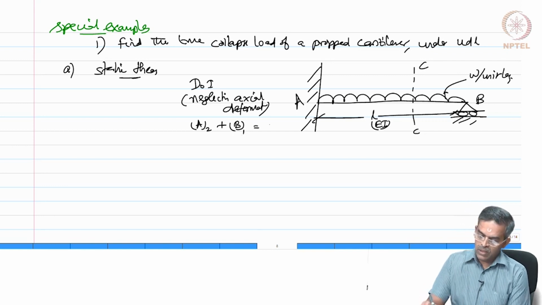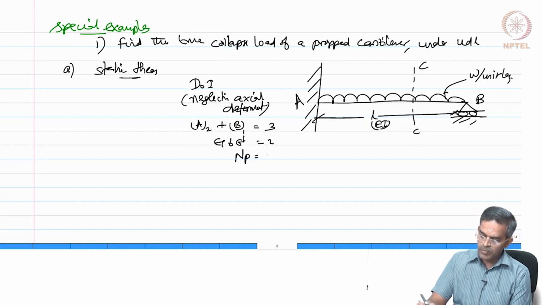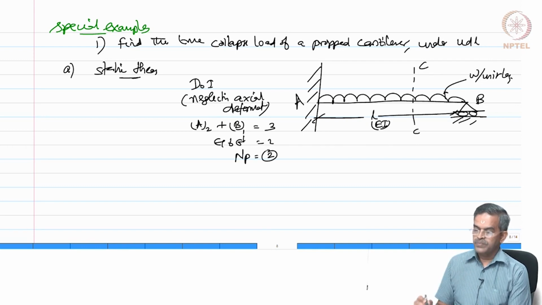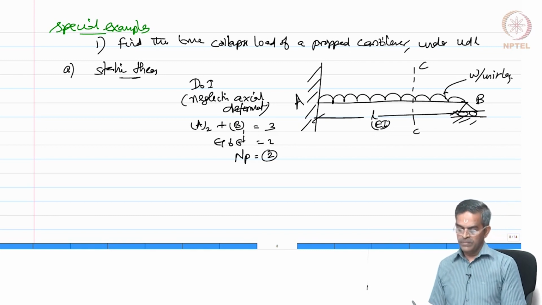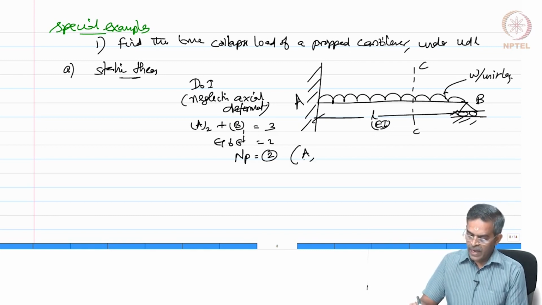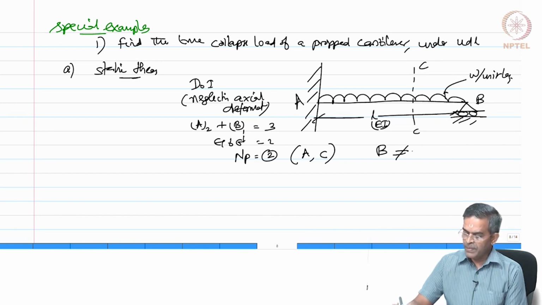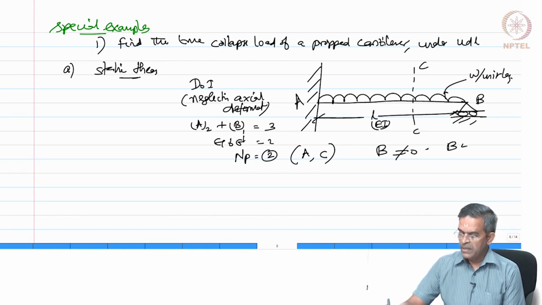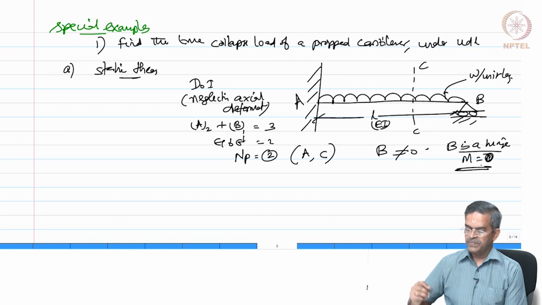So, the total is 3, and the equations of static equilibrium are 2. So, I need the number of plastic hinges to be 2. Where will they form? They can form at A and at C, they cannot form at B, because B is already a hinge where the moment is 0.